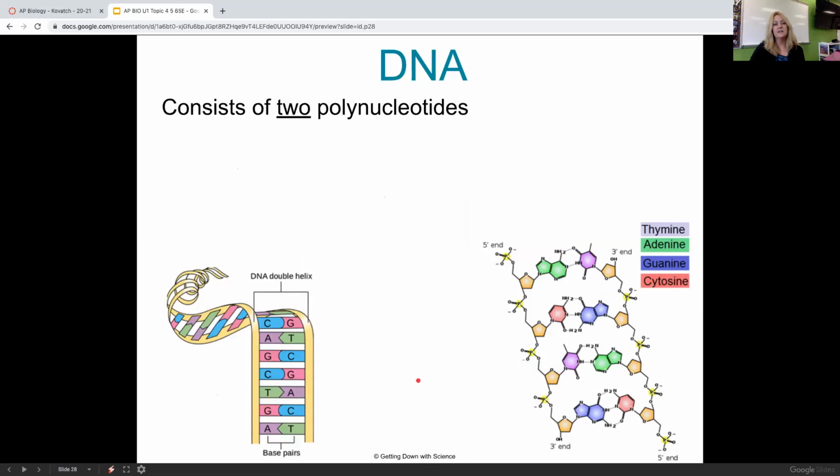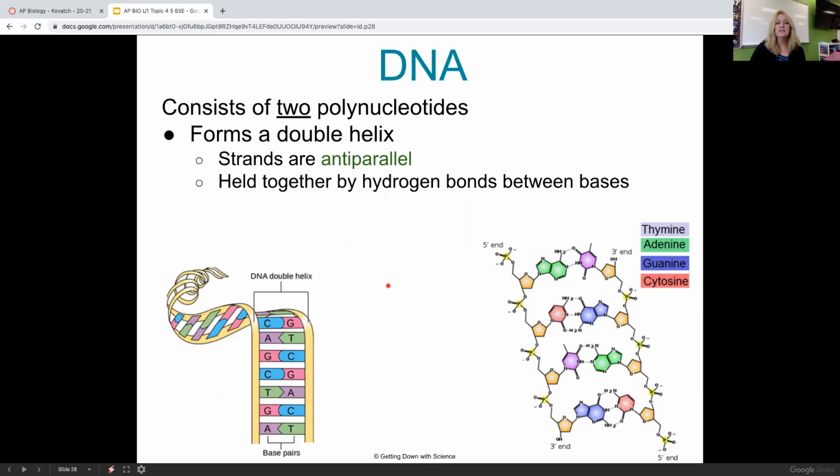The DNA has 2 polynucleotides, 2 strands, if you will. And when it is hooked together, it forms a double helix. We say that the strands are anti-parallel. If you actually read the A's, G's, C's, and T's, you'll notice that you have TCA, GCTG, and you'll have the other side running anti-parallel in that it codes up with its partner, if you will.